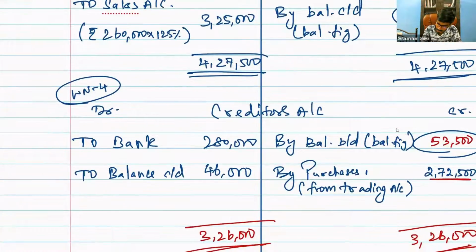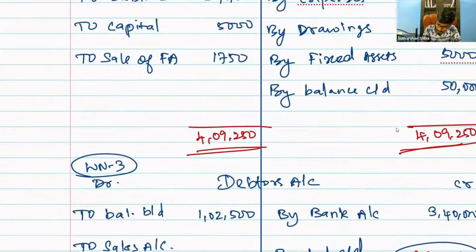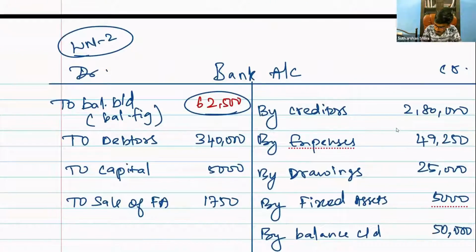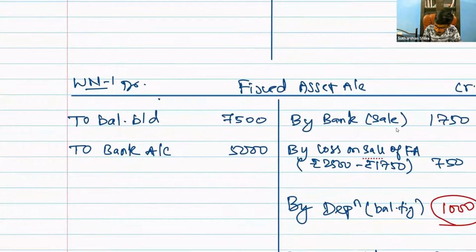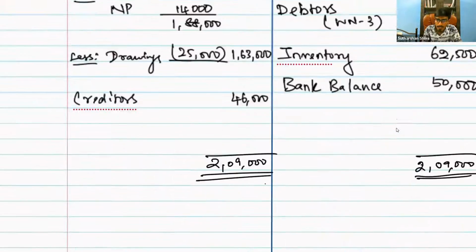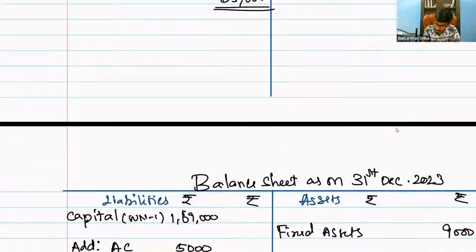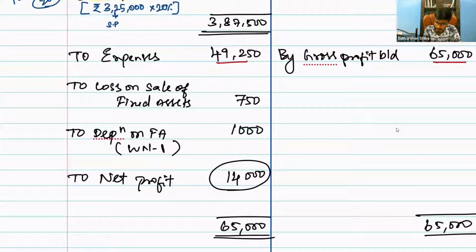Okay. Next, the expenses paid you will enter, gross profit you will bring down. The loss on sale of fixed asset, the difference between 2,500 and 1,750, you will record it as a loss on sale of fixed assets.